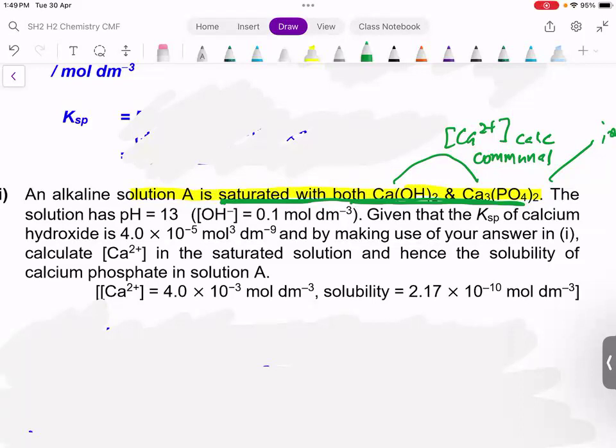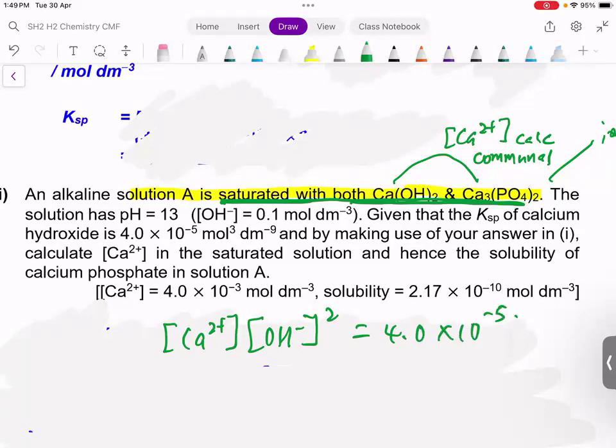You should be making use of the Ksp expression of calcium hydroxide, which will be equal to the Ksp value 4.0 times 10 minus 5.